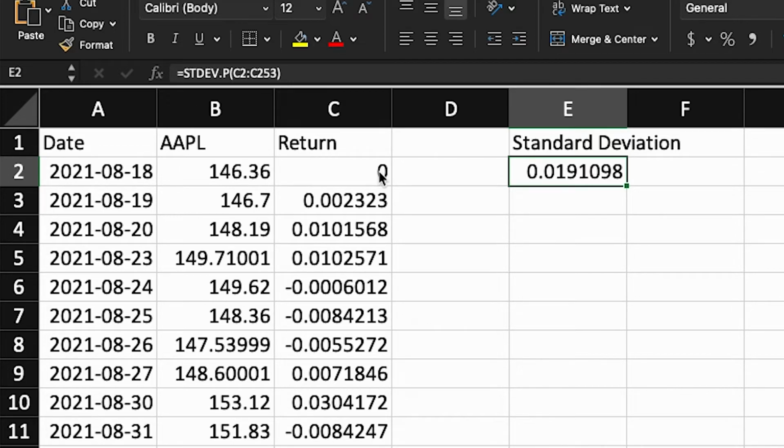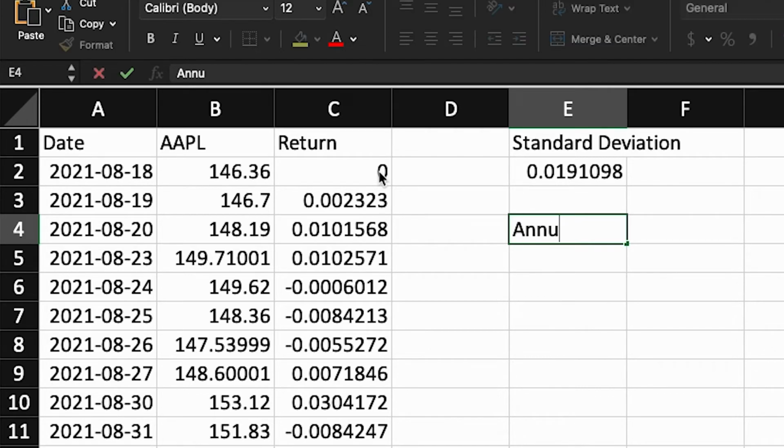But remember, this is daily return. So the standard deviation represents the daily standard deviation. Now we're going to calculate annual standard deviation. How do we do that? Now remember, there are 252 trading days in a year. So we need to calculate the square root of 252 and then times the result by the daily standard deviation to annualize this number.